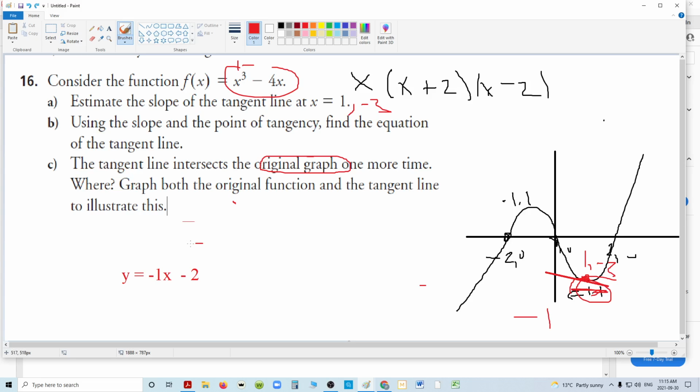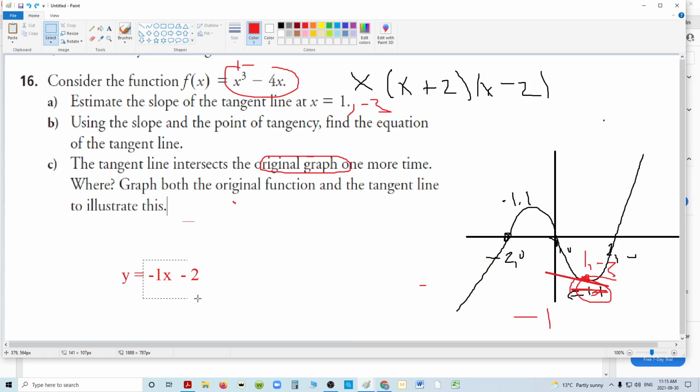Where? Well, that's when this tangent line is going to have the same x value as the curve it's cutting through. That's when this line is equal to this formula. That's how you solve any formula, okay?